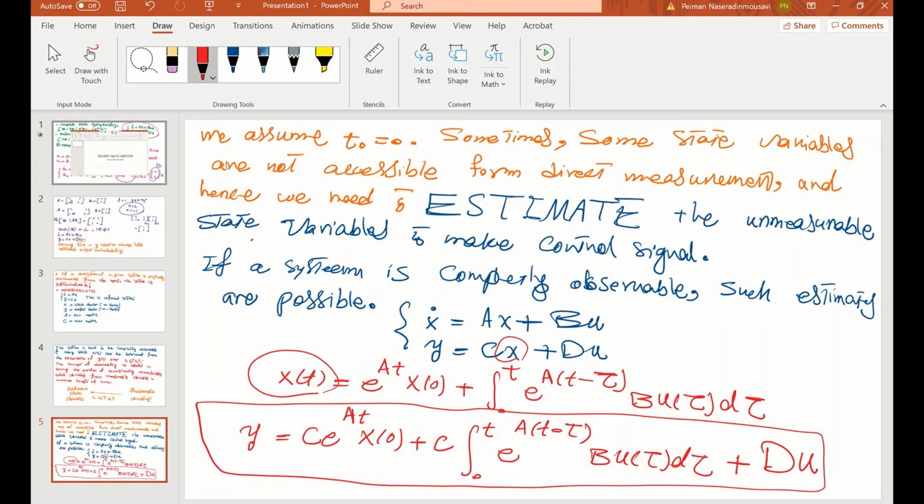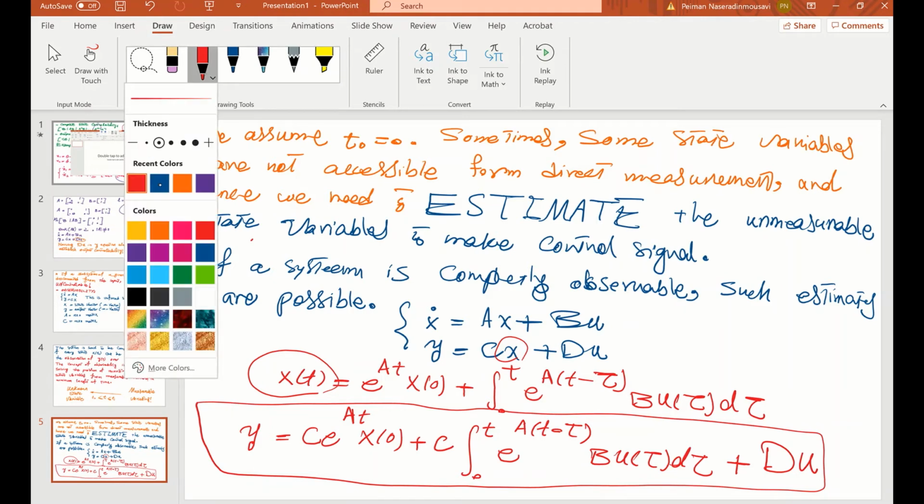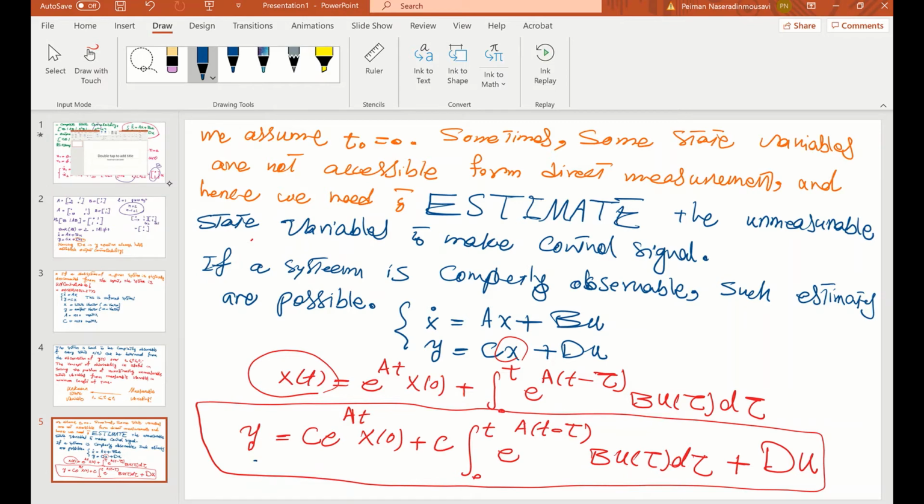Understand? So in this, what we want to do, observability, is that by observing the output, and these are known matrices, that's right, known matrices, these are known, but this is unknown.